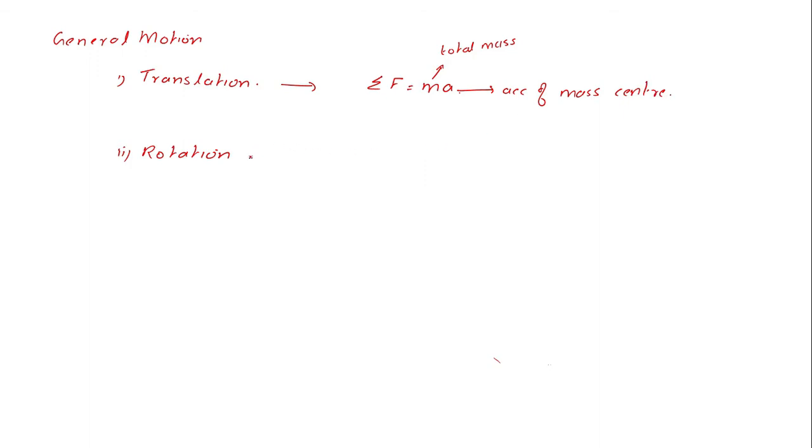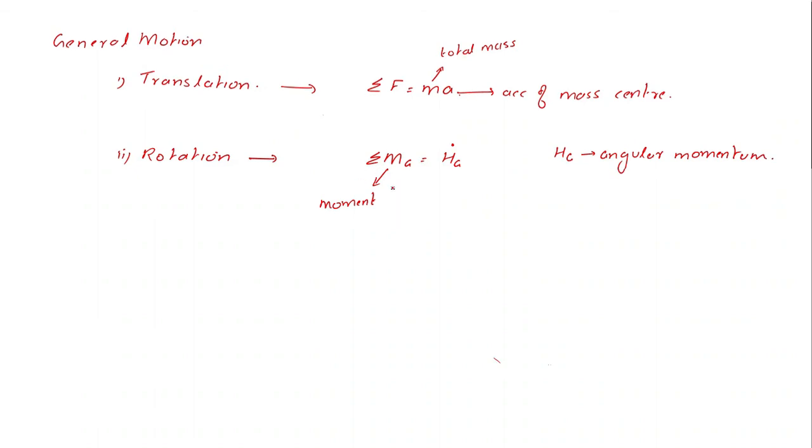Okay. Now the rotational aspect. The rotational aspect is governed by another equation which we had studied when we discussed angular momentum. We had said that sigma M_G is equal to H_G dot, where sigma M_G is the corresponding moment acting at the mass center and H_G is the angular momentum. Okay, this equation is called the moment of momentum equation, which we had studied earlier.